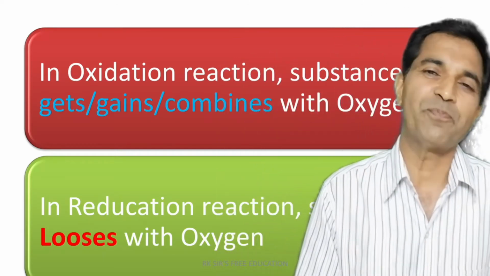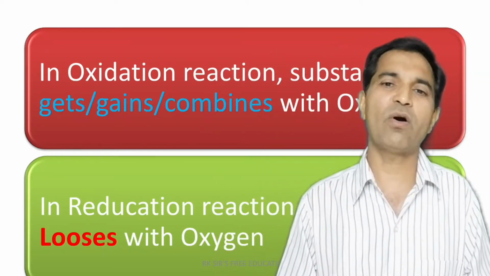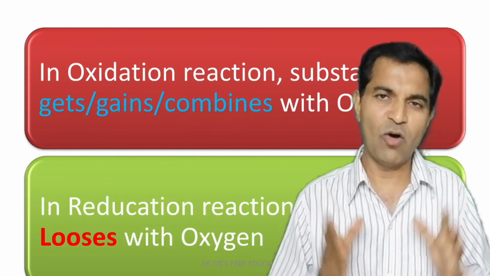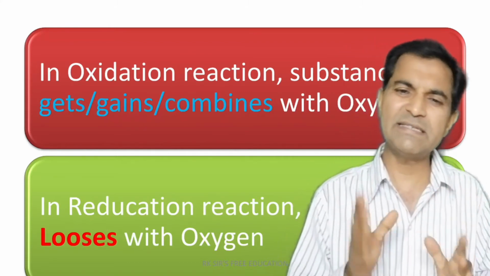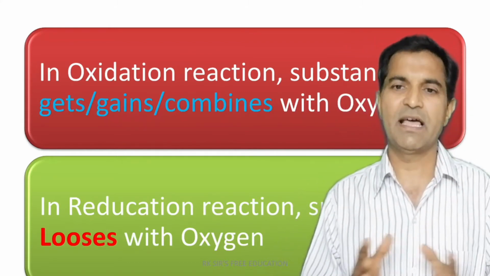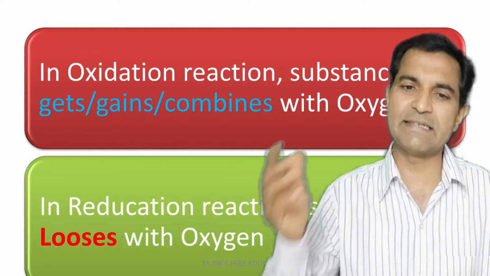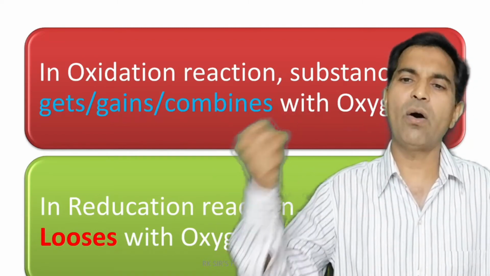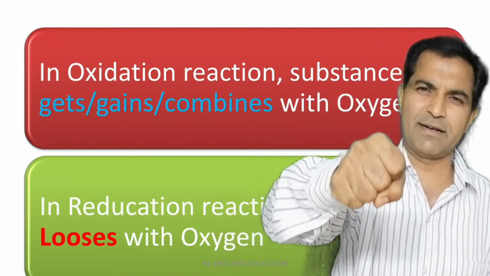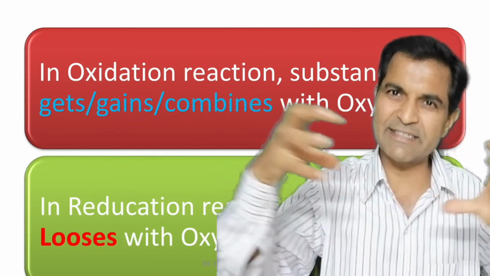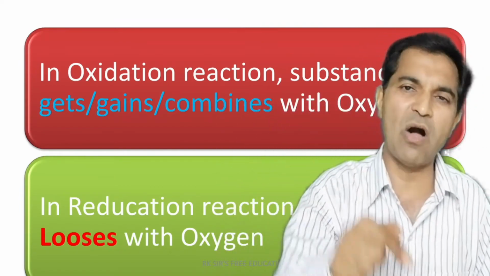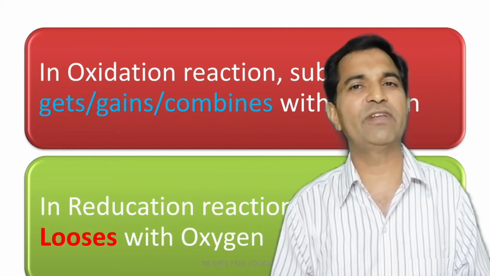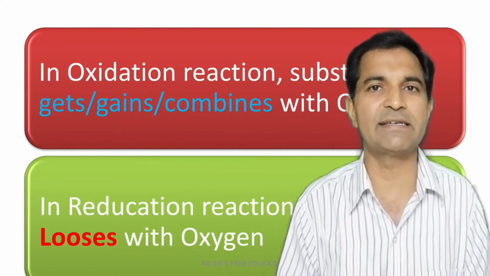Anyway, so next topic is that of the oxidation and reduction. Now, what are the oxidation reactions? Oxidation reactions means a reaction in which a substance gains or combines with oxygen. Means oxygen gets attached to that compound. So those type of reactions are known as oxidation reactions.